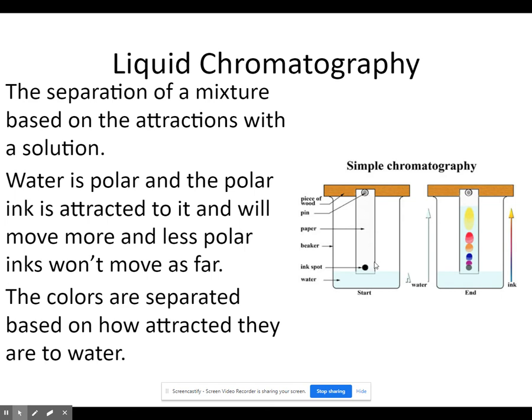The different colors in this ink are going to separate and spread, and I get this unique pattern based on which colors, which pigments, have a high force of attraction and which colors don't have as high a force of attraction. So they're separated based on how attracted they are to the water as it rises up through this paper. Those with the stronger forces of attraction are going to move further on the chromatography page, and those with less strong forces are going to be separated out.